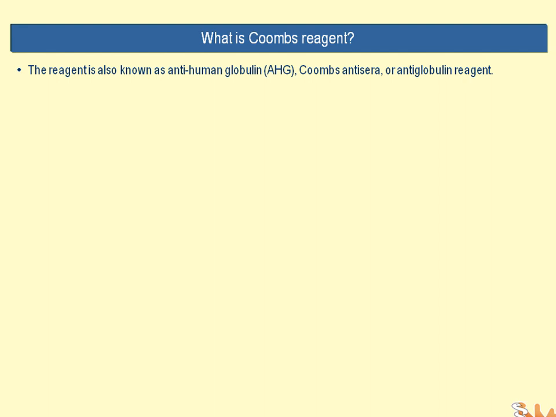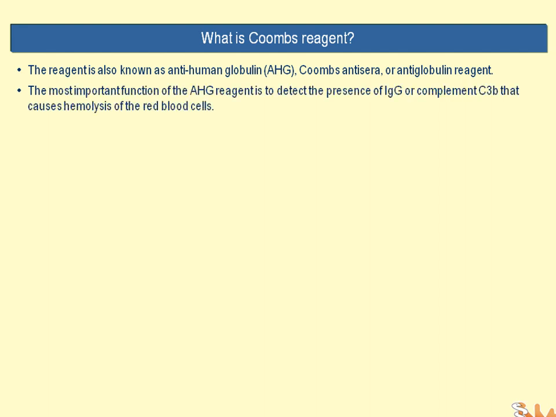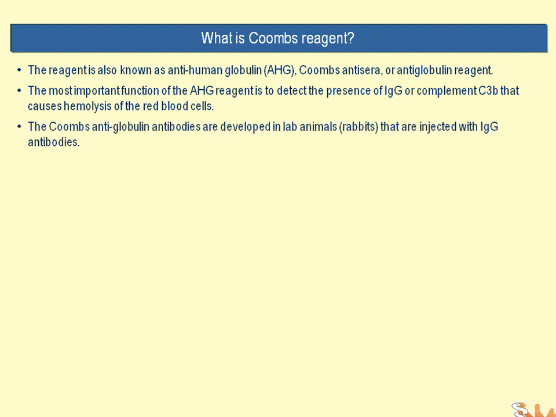The most important function of anti-human globulin reagent is to detect the presence of IgG or complement C3b that causes hemolysis of the red blood cells. The Coombs antiglobulin antibodies are developed in lab animals such as rabbits, and they are injected with IgG antibodies.